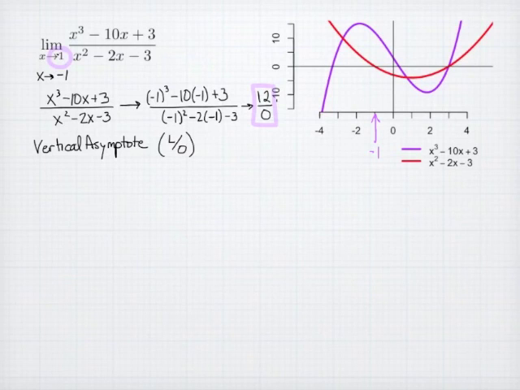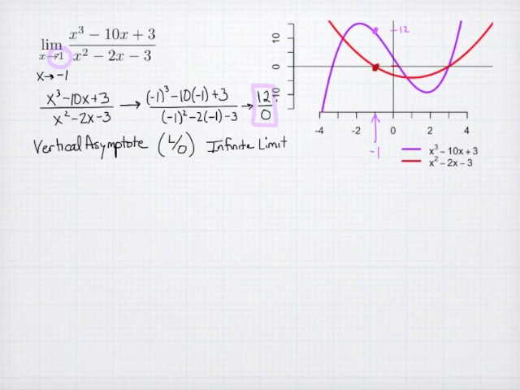The numerator has a value of 12, while the denominator has a value of 0. And so I'm taking a number that's very close to 12, dividing it by a number that's getting closer and closer to 0. And so a number like 12 divided by a very small number, it gets huge. So this is an infinite limit.